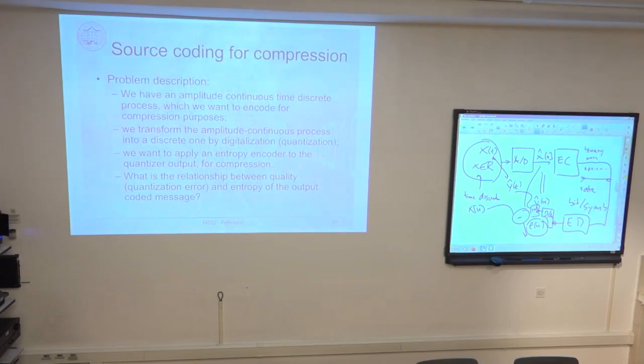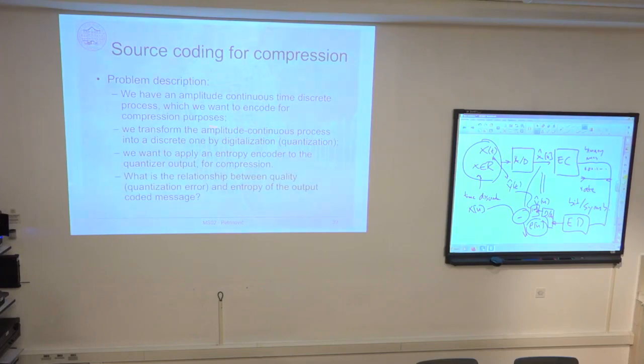If I exceed the dynamic range of the converter, if the input value is less than the least allowed value or above the greatest value, then I have this clipping and I have large error, of course. Okay, now it says here we transform this amplitude continuous process, this X of n, which is a real value process.